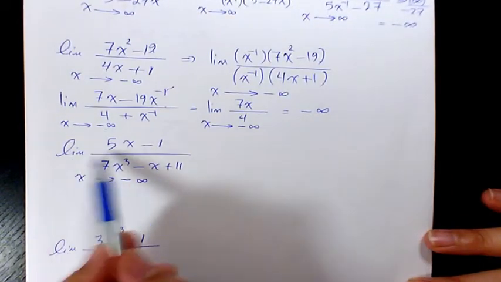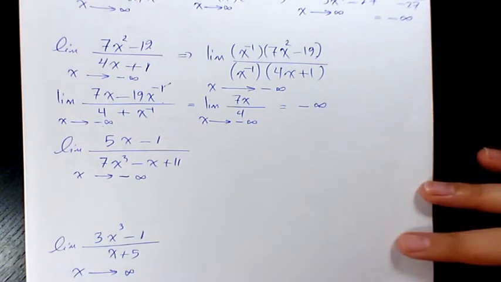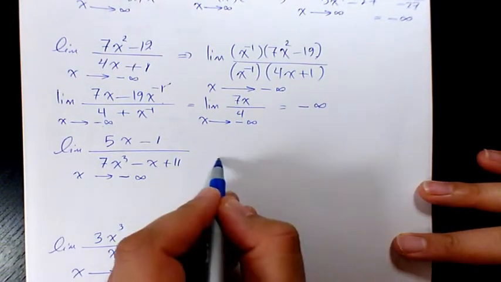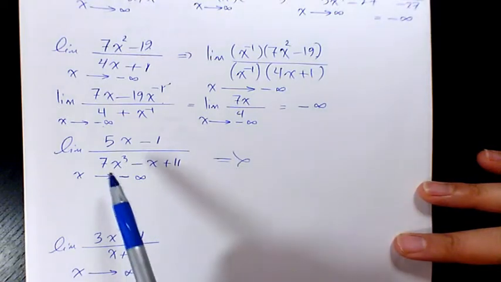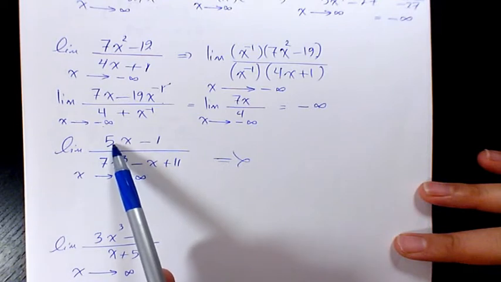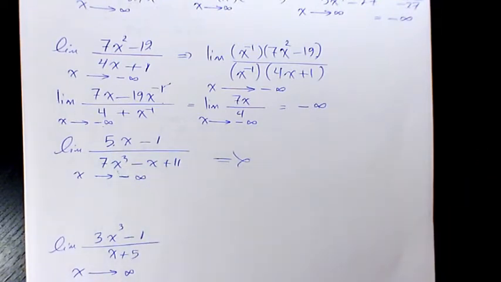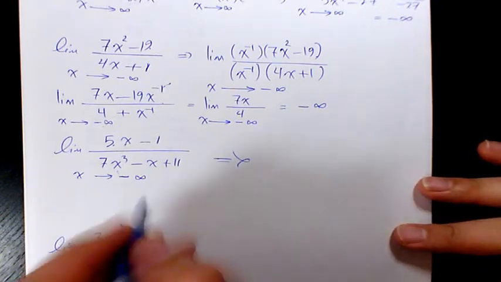Next one, the limit of 5x minus 1 over 7x cubed minus x plus 11 when x is approaching negative infinity. So what we need to say here is, since the leading coefficient of the numerator is 5 and the order is 1, and the order of the denominator is 3, since the numerator's order is less than the denominator's, the limit is going to be 0. Let's check.